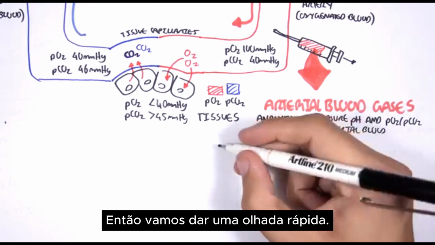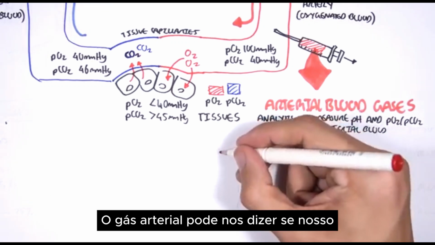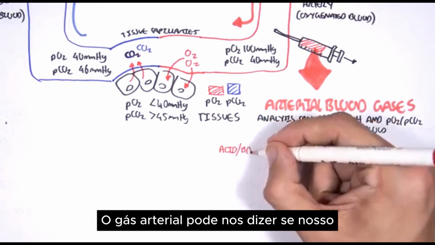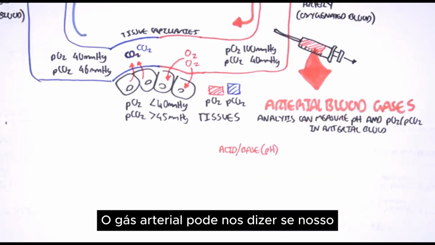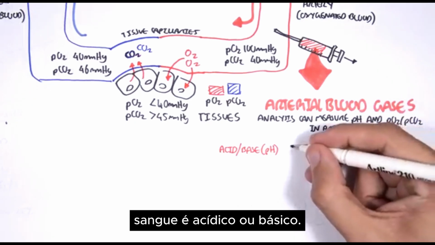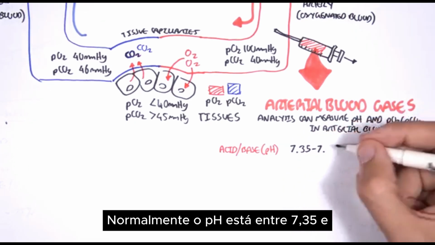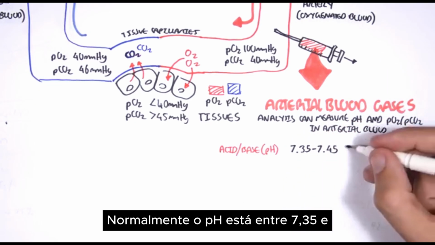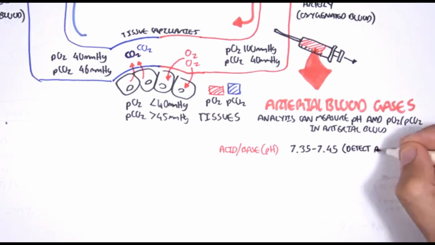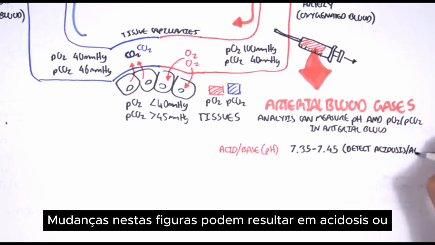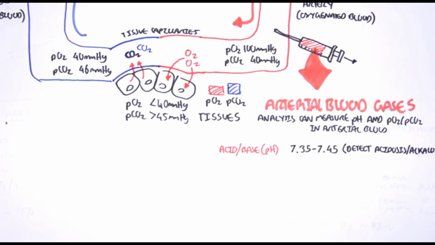So let's take a quick look. Arterial blood gas can tell us if our blood is acidic or basic. So normally the pH is between 7.35 and 7.45 in arterial blood. Changes in these figures can result in acidosis or alkalosis.